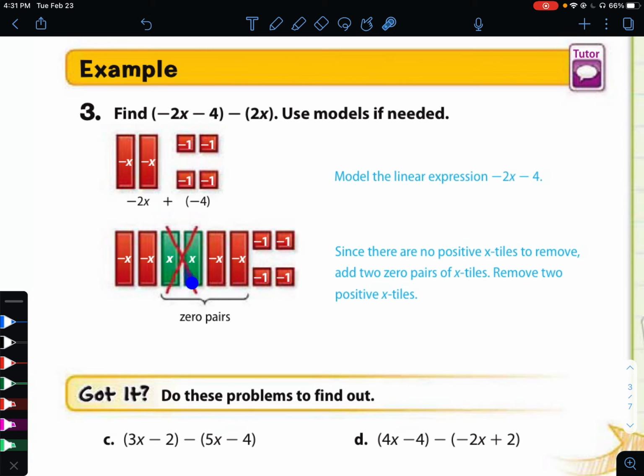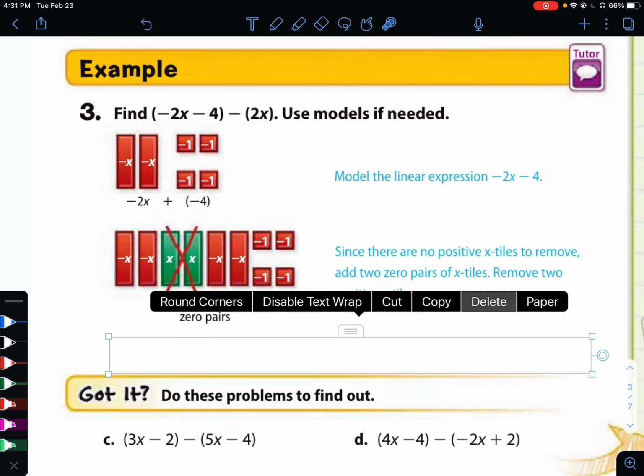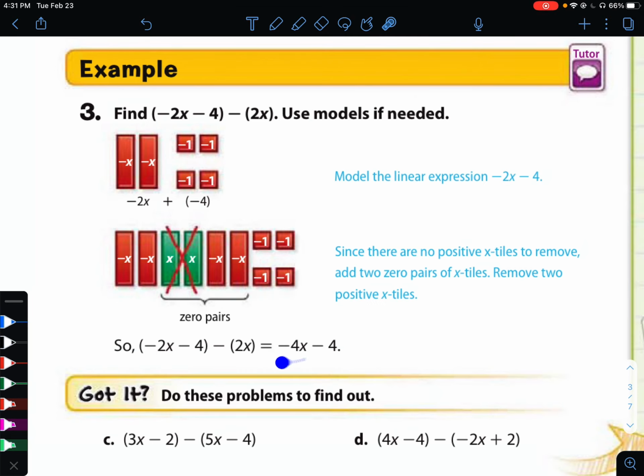So if we remove our positive x tiles, you notice that we have 1, 2, 3, 4 negative x tiles, and 1, 2, 3, 4 negative unit tiles. So this becomes now negative 4x minus 4.